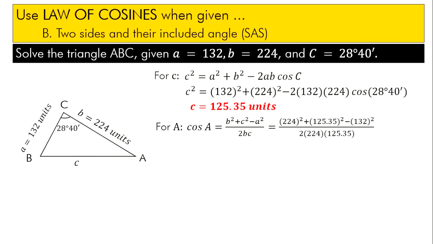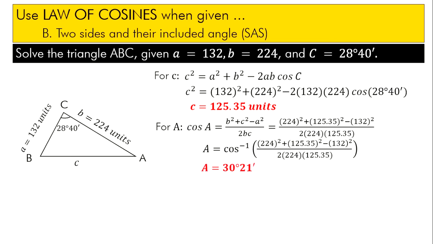Since we are after the angle, all we need to do is take its inverse. So cosine inverse of that, and use your calculator to obtain angle A. The result is 30 degrees 21 minutes.